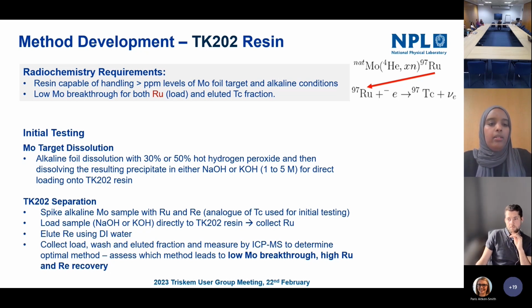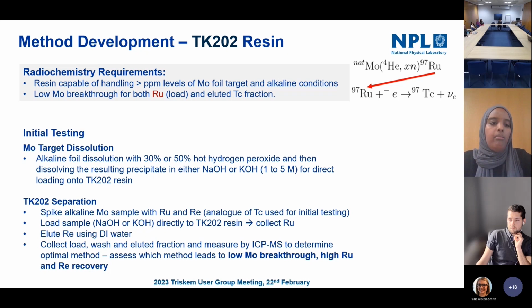And then we had to find a way to load that in low alkaline conditions, which is what was demonstrated to work well before. But with this particular work, what we wanted to do was to work out what the recovery of ruthenium was during the load step. But we're also interested to see if we can maybe optimize this approach a bit more. So we increased the range of alkaline conditions that we tested.